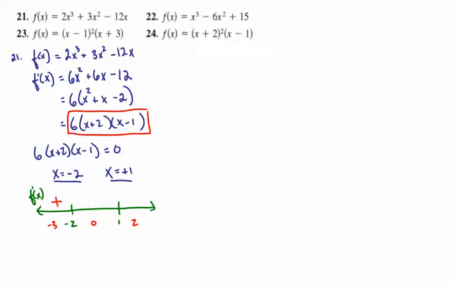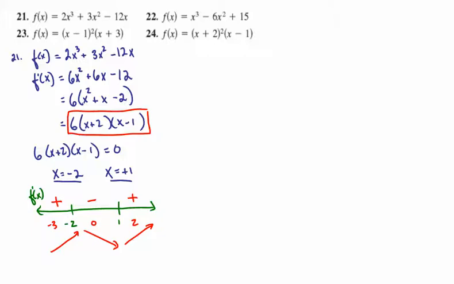Plug in 0. First factor, positive. Second factor, negative. Positive times negative is negative. Plug in 2. First factor, positive. Second factor, positive. Positive times positive is positive. And so we get something that looks like this. Increasing, decreasing, increasing.